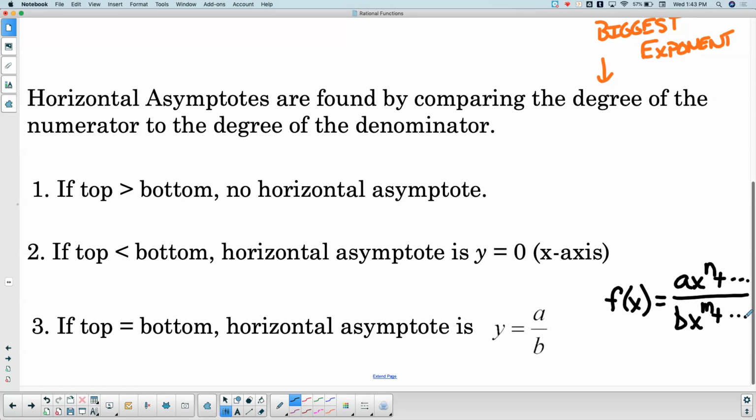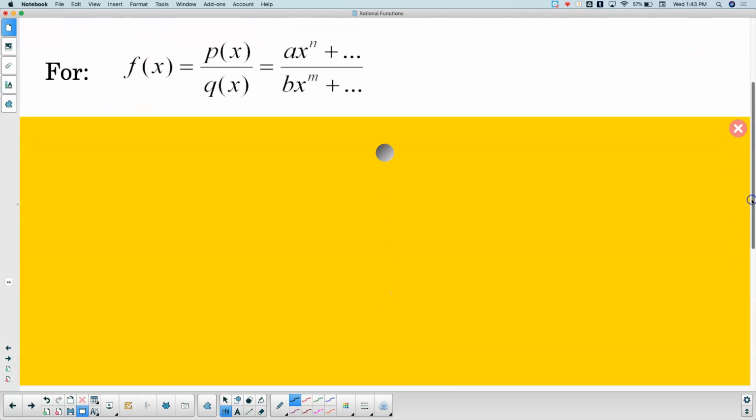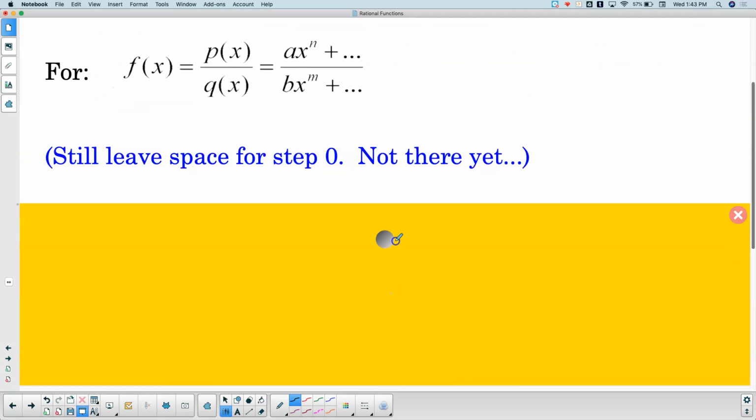Okay. Get out your supplemental sheets, your extra sheet, whatever you called it, your cheat sheet, whatever you want to call it. So far on that sheet from Monday, you should have a space at the top for step number 0. We're still not there yet.